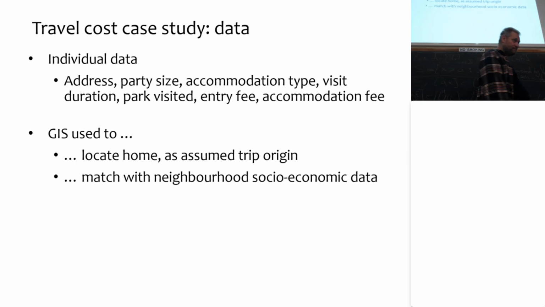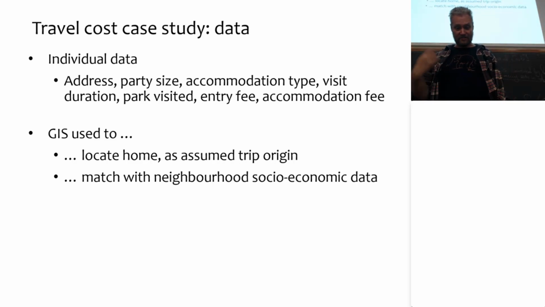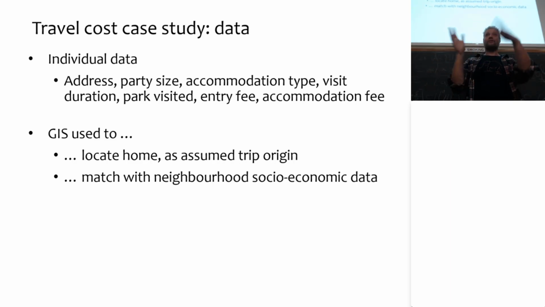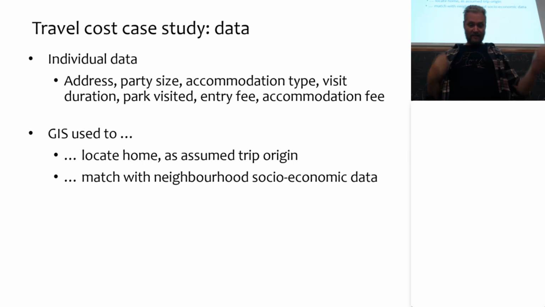And you would know who they traveled with, that is important, how long they stayed there, how much they paid for the hotel as well as for the entry fee, and so on and so forth. And then you can use the GIS, Geographic Information System, to figure out where they came from, and figure out their travel cost.